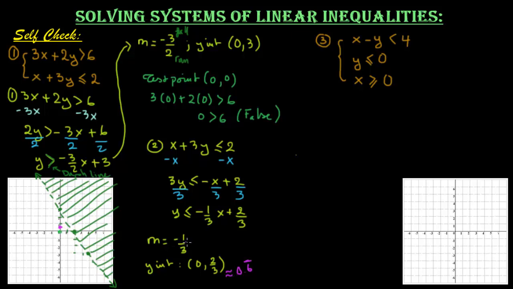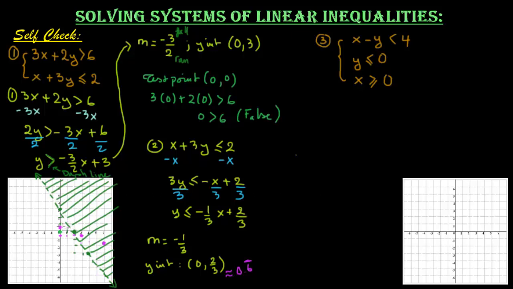Since we have negative 1 over 3, we fall down 1 unit and go to the right 3 units. We start at a half, so we go down completely 1 unit, which means we stop at half between 0 and negative 1. And we go over 3, so 1, 2, 3, which is right here. And go down 1 more and over 3, 1, 2, 3, which is right here.